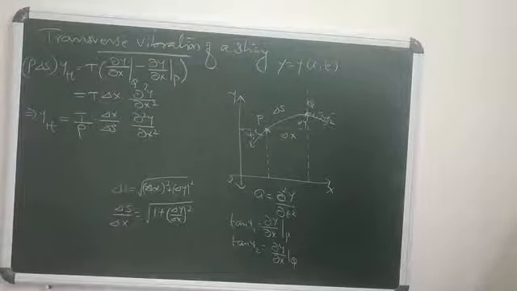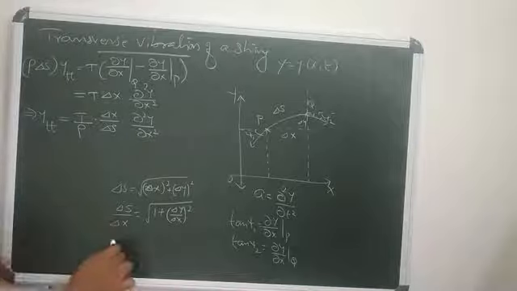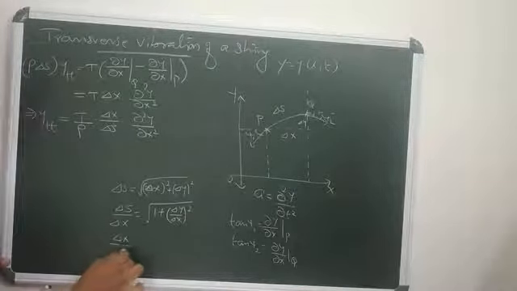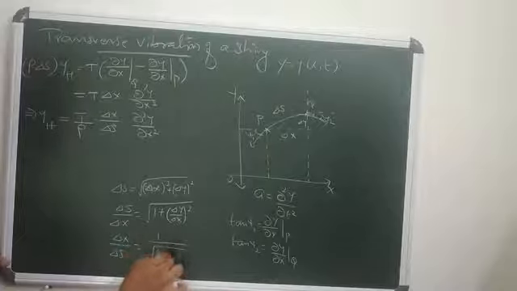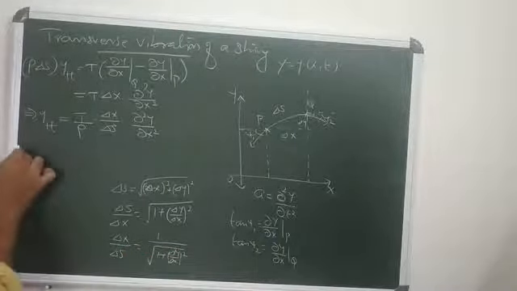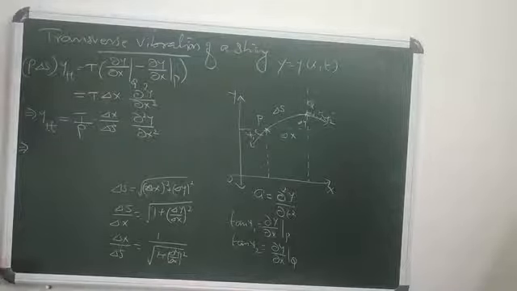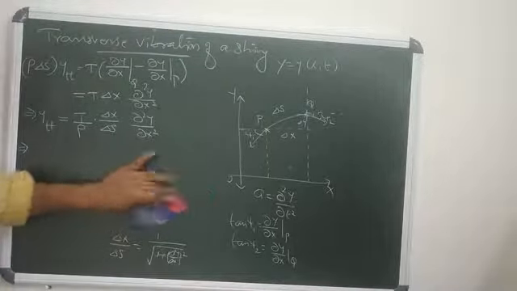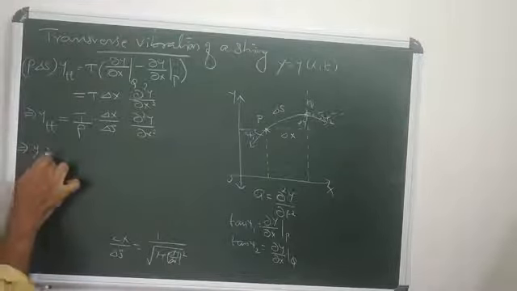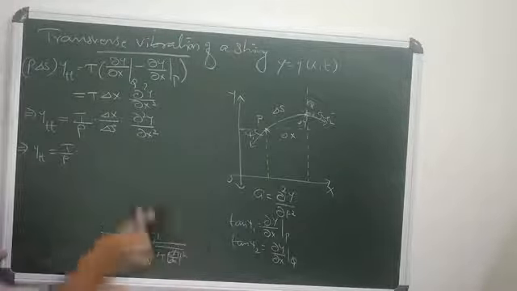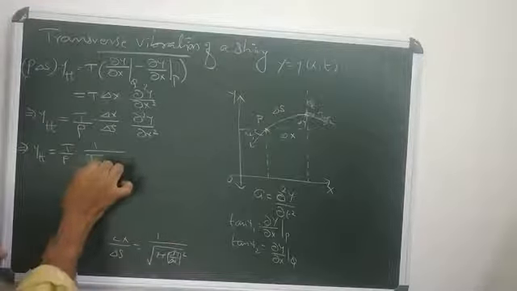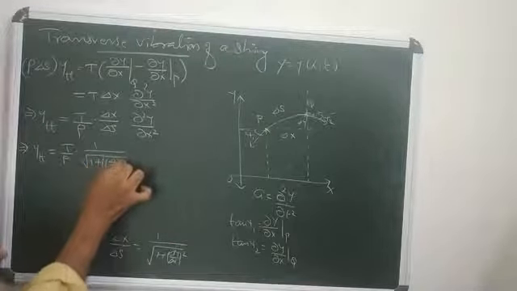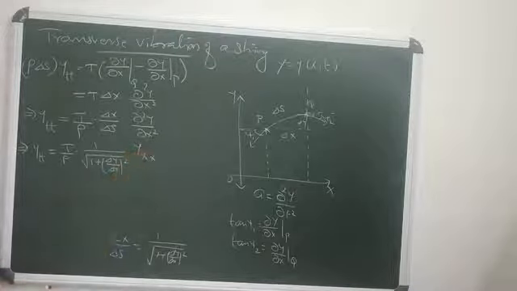That implies delta x by delta s equals 1 by square root of 1 plus delta y by delta x whole square. So from here we know that ytt equals t by rho into 1 by square root of 1 plus delta y by delta x whole square into yxx.